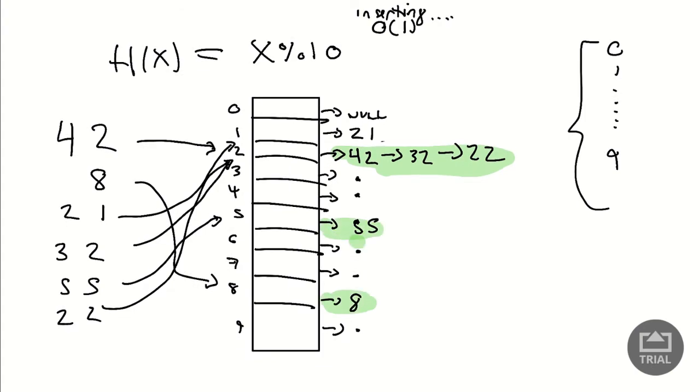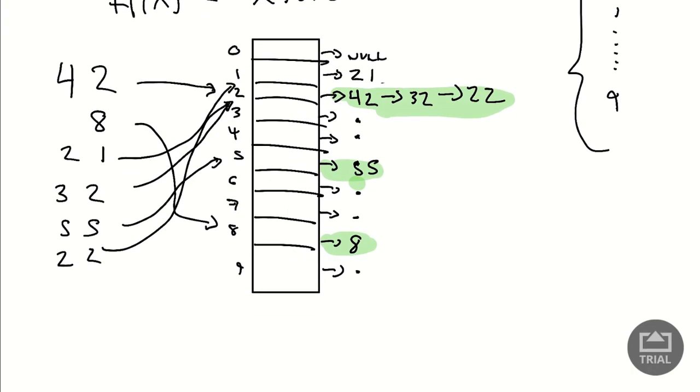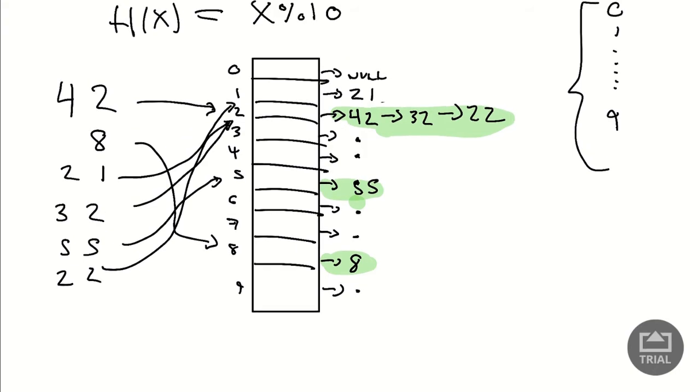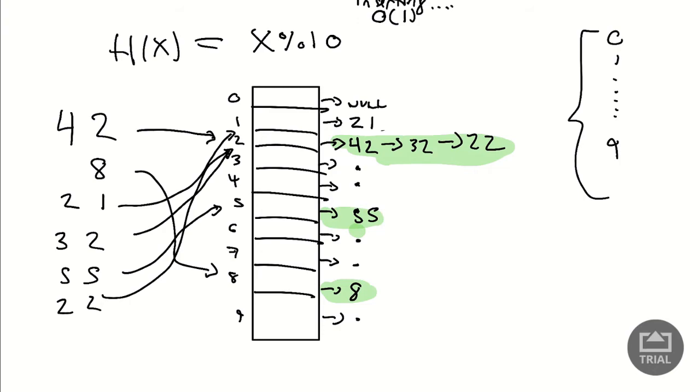Now, I said that with the hash table, you get O of 1 insertion, removal, and access time. However, with this collision issue, it's no longer the case. If we're trying to access 22 or 32 or 42, when we go in there and hash, we're no longer getting an independent value back.